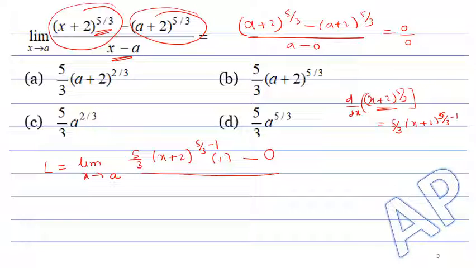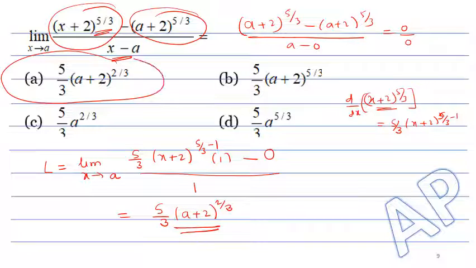Now the derivative of x minus a is 1. Now we can apply the limit, so that I have 5 by 3 into (a plus 2) to the power of 5 by 3 minus 1, which is nothing but 2 by 3. So 5 by 3 into (a plus 2) whole to the power of 2 by 3 is in option A here. So option A is the correct choice.